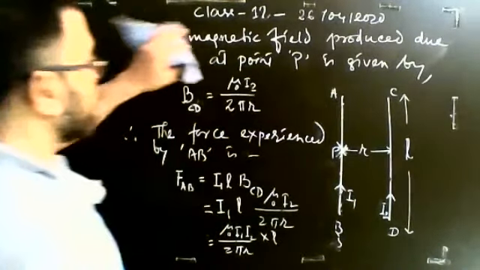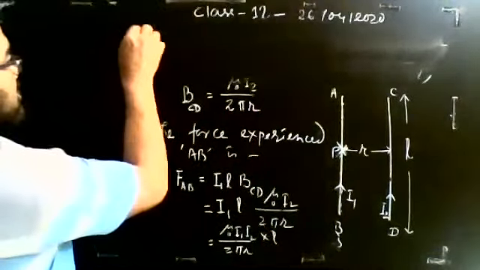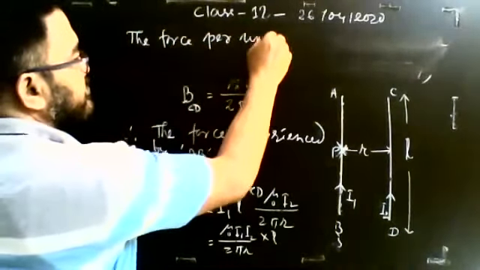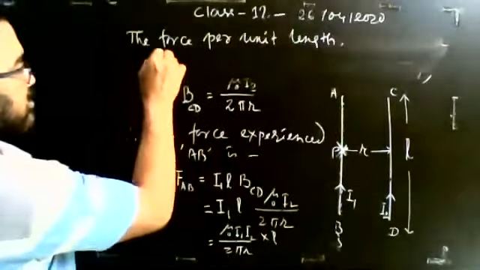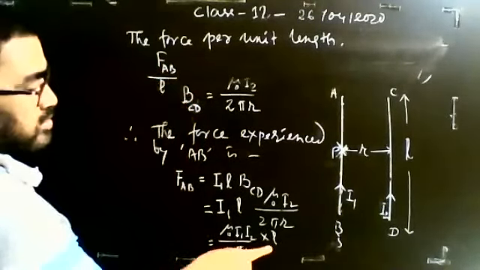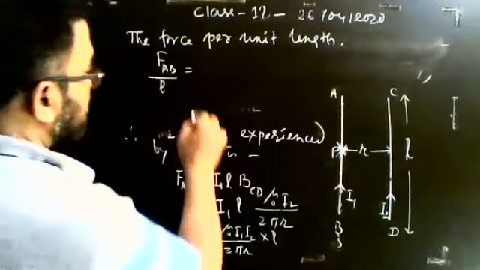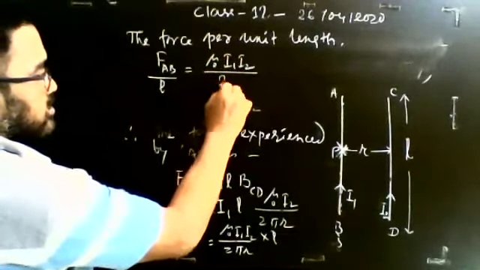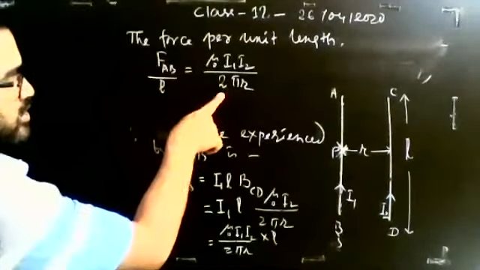So if you find out the force per unit length, then you have to find it like this: F AB divided by L is equal to mu naught I1 I2 by twice pi R. So this is the force per unit length expression.